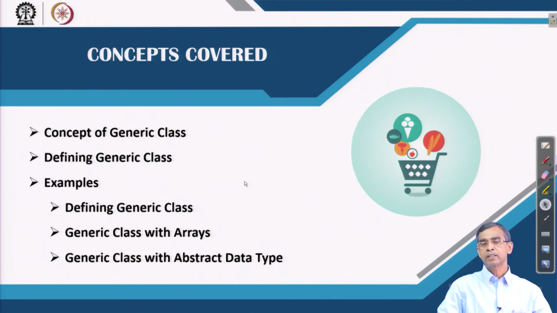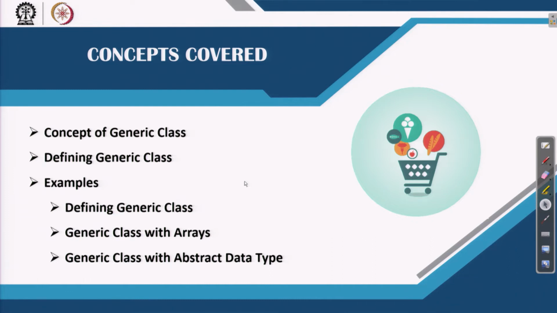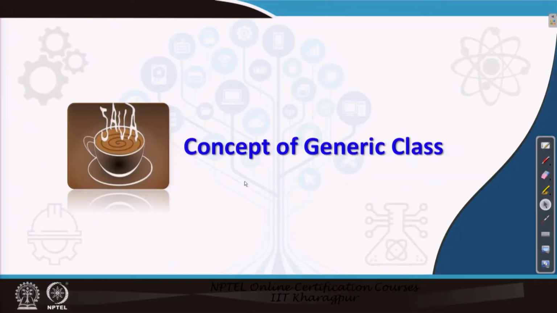This array of elements can be of any type, and then we will discuss how a generic class also can hold true for any type of data other than the primitive data or user defined data. So, that is the topic that we are going to discuss.